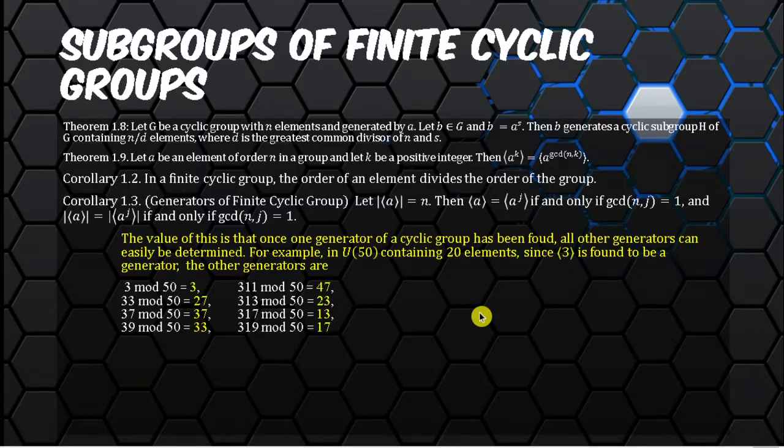Now, how do we know the other generators and how many of them? Ano yung gagawin natin? Yung generator na yun, 3, raised to 1, it's siya mismo, 3. Pero i-raise natin, hindi dapat ganito.